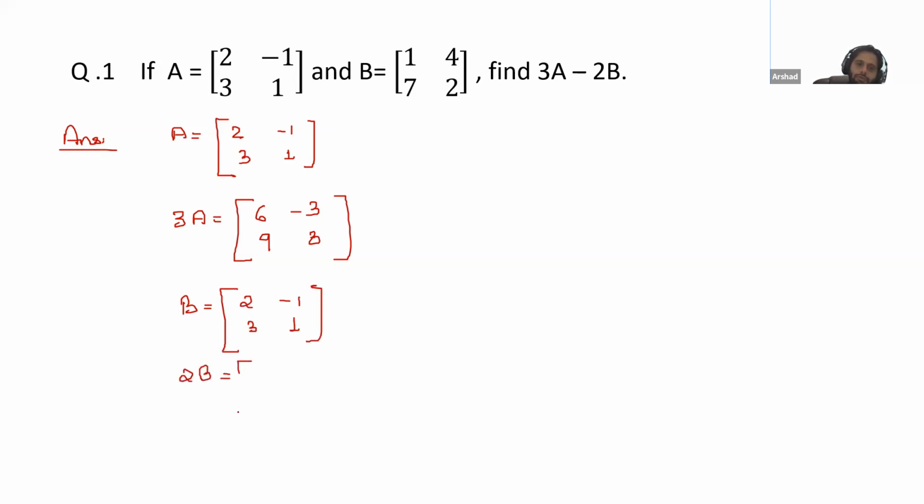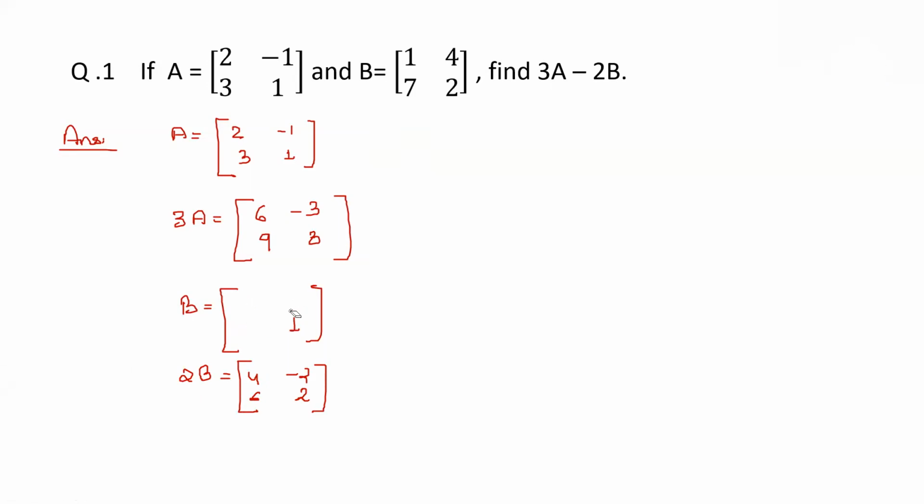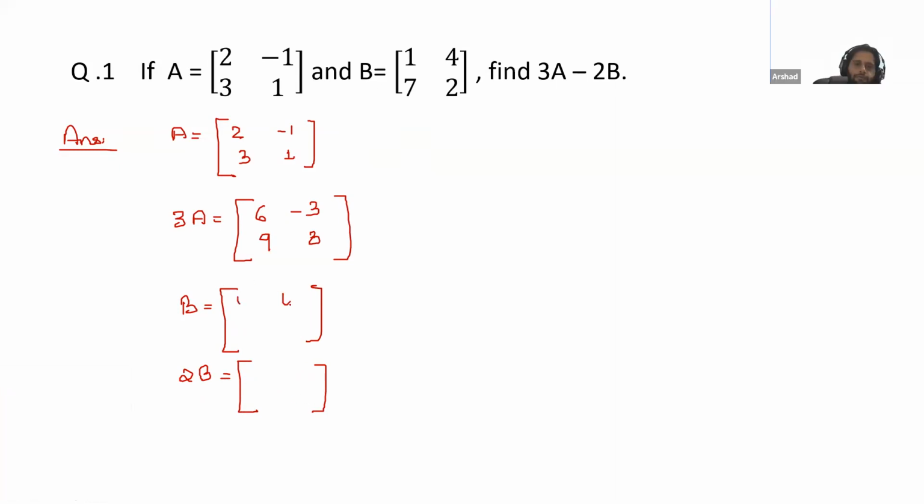So B is 1, 4, 7, 2. Okay, I'm sorry. If we multiply this with 2, we will get 2, 8, 14, and 4.